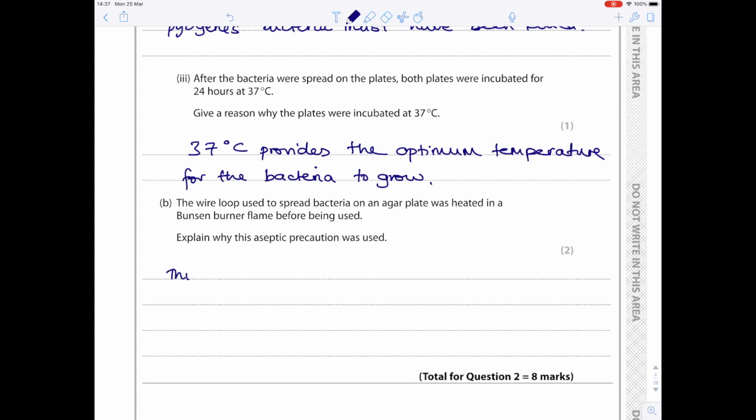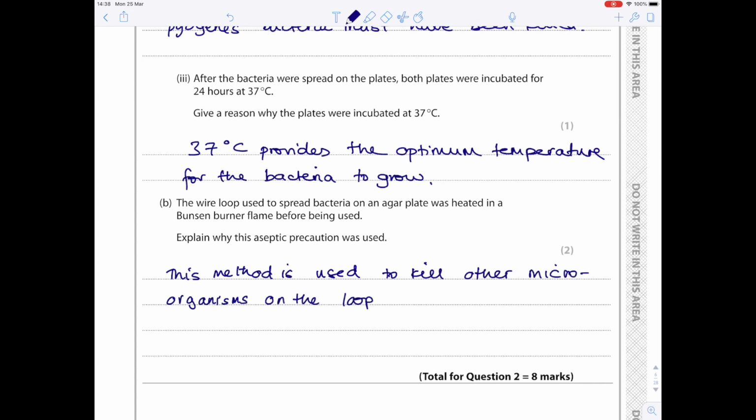So this method is used to kill other microorganisms on the loop to ensure that only Streptococcus pyogenes, I hope I spelled that right, is transferred to the agar jelly.